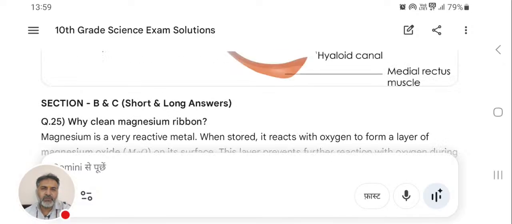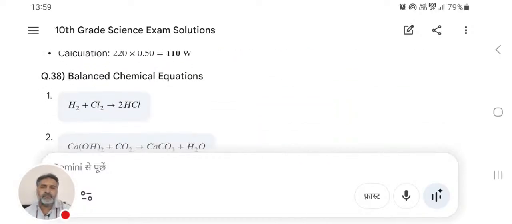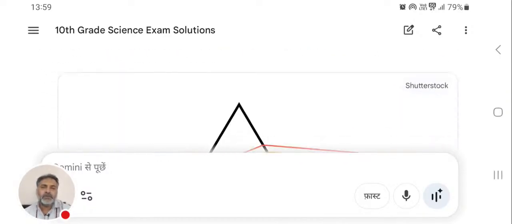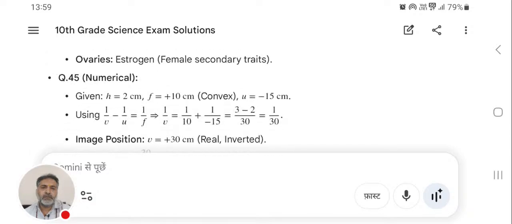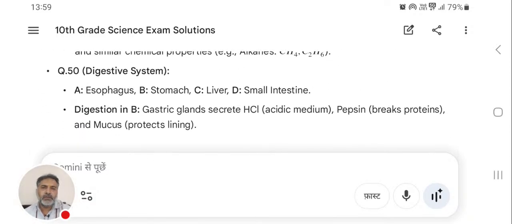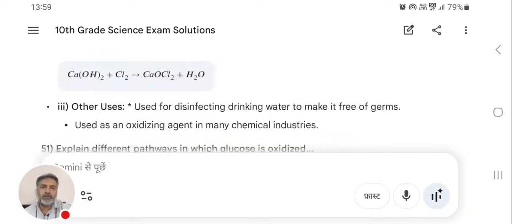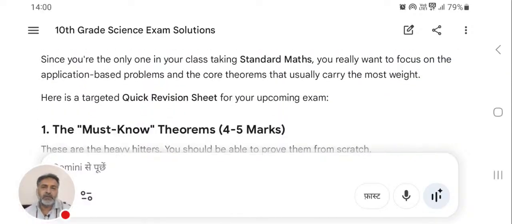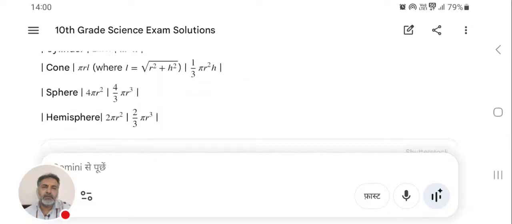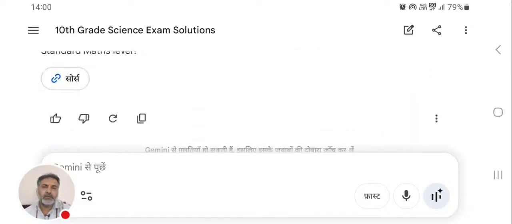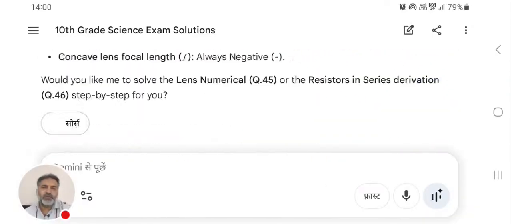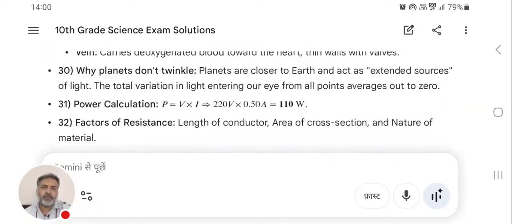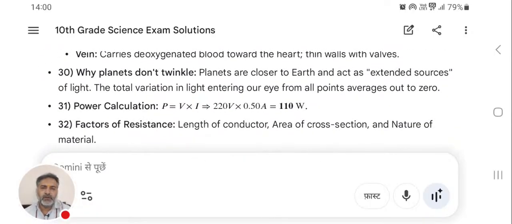And question number 30. Explain why planets do not twinkle.